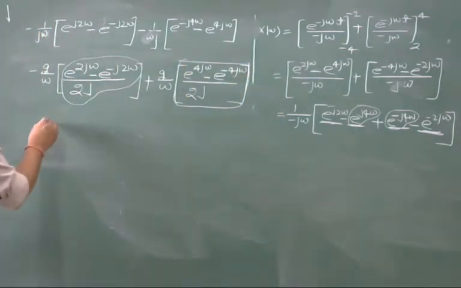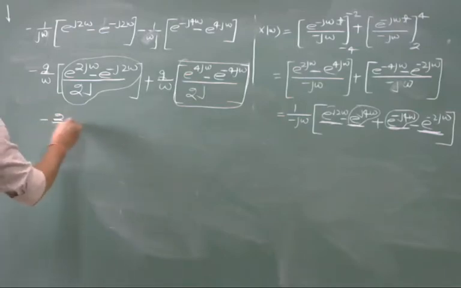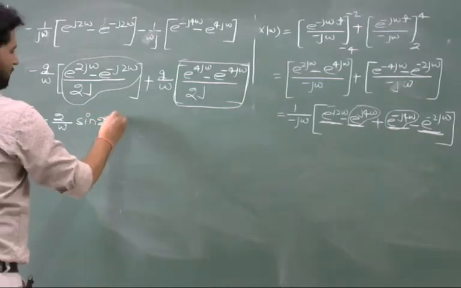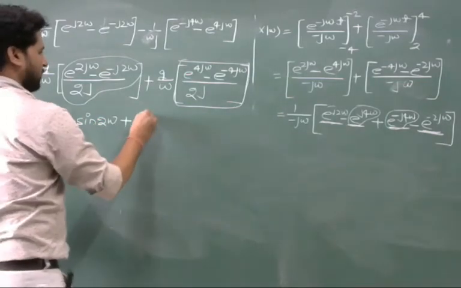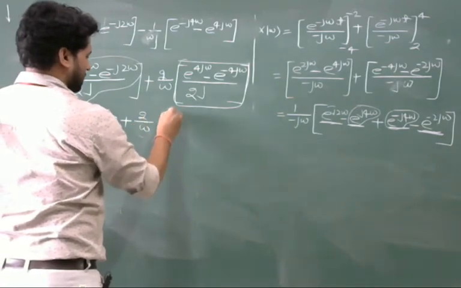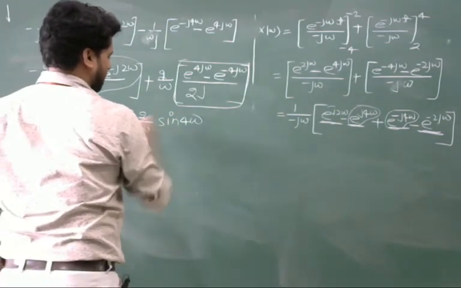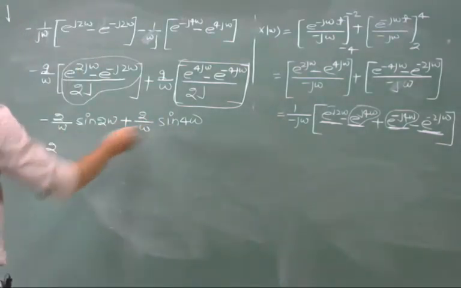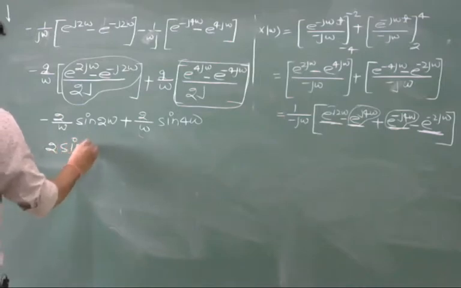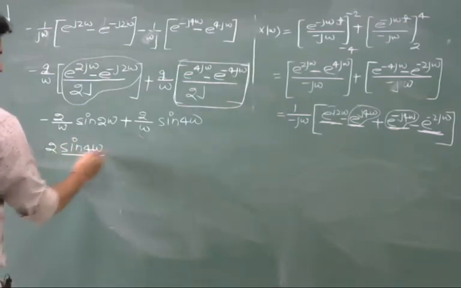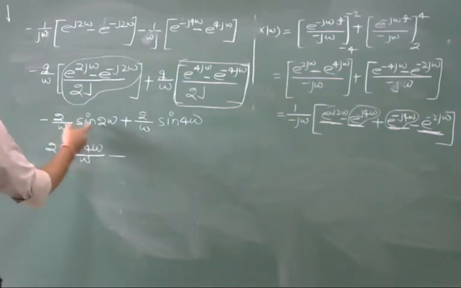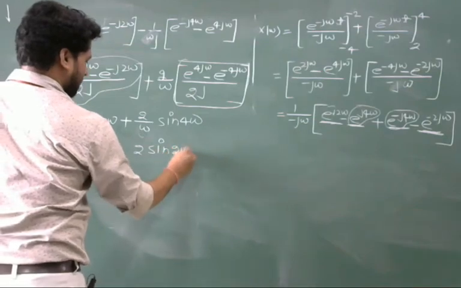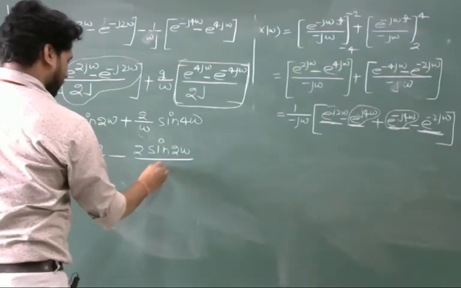Now I can write it as minus 2 by omega sine 2 omega plus 2 by omega sine 4 omega, or we can write it as 2 sine 4 omega divided by omega minus 2 sine 2 omega divided by omega.